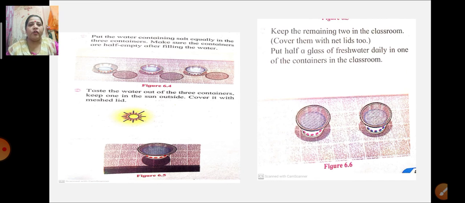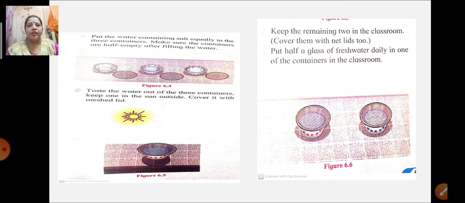Next, put the water containing salt equally in the 3 containers. Make sure that the containers remain half empty after filling the water. First of all, taste the water from the 3 containers.